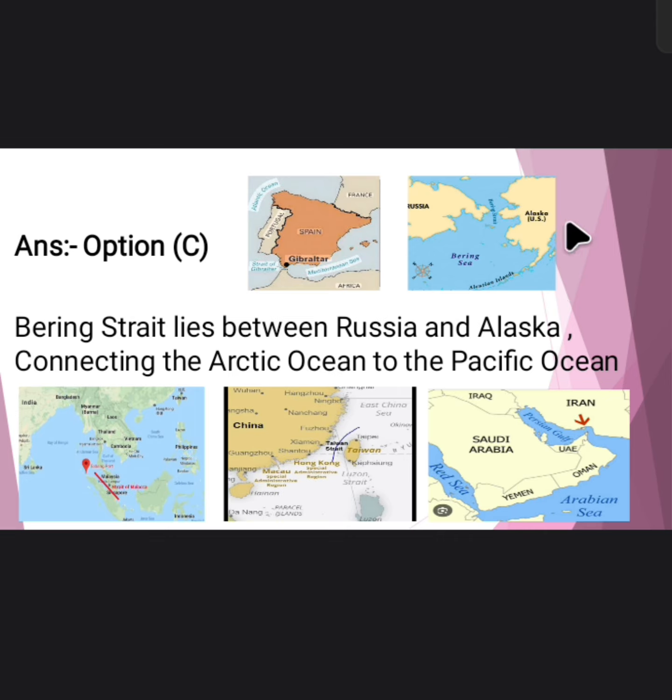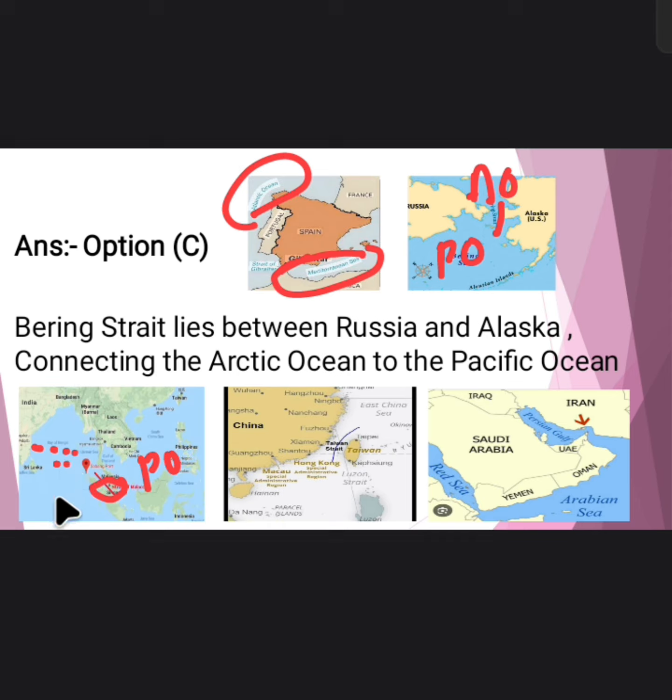Firstly, this is the Bering Strait, which is connecting Arctic Ocean with Pacific Ocean, and this is the Strait of Gibraltar, which is connecting Mediterranean Sea with Atlantic Ocean, and this is the Strait of Malacca connecting Pacific Ocean with Indian Ocean.